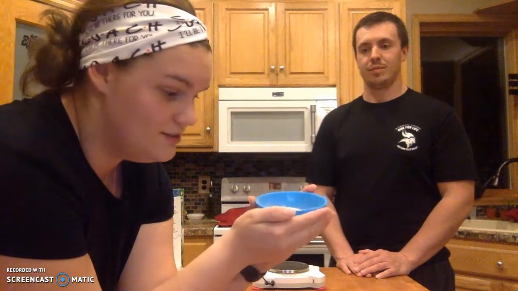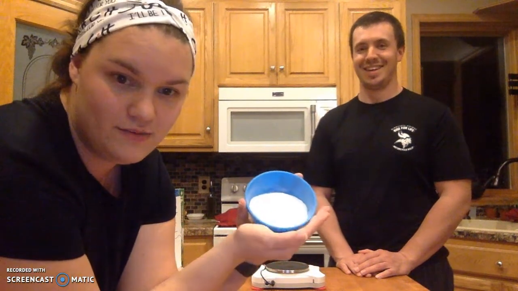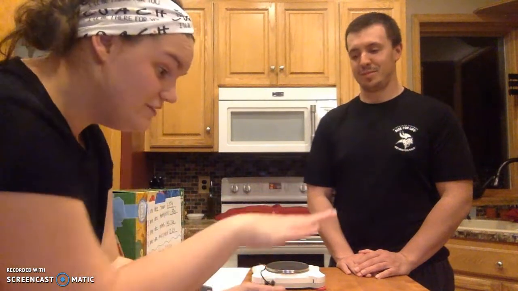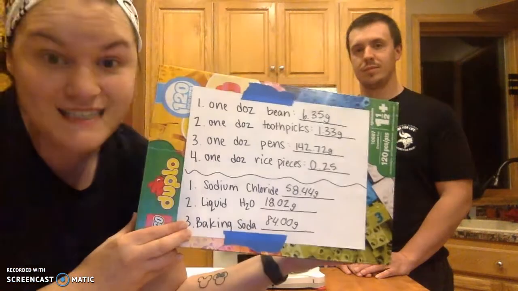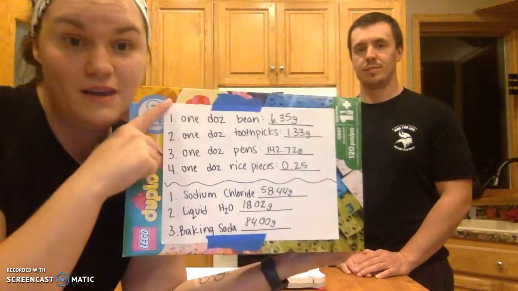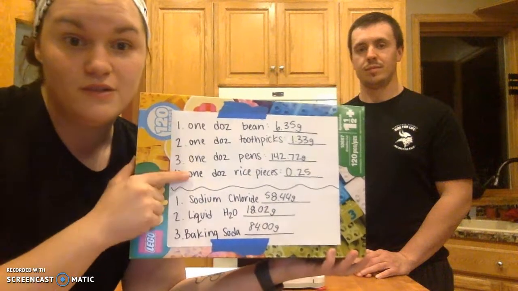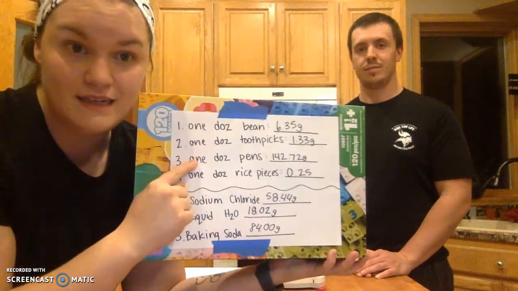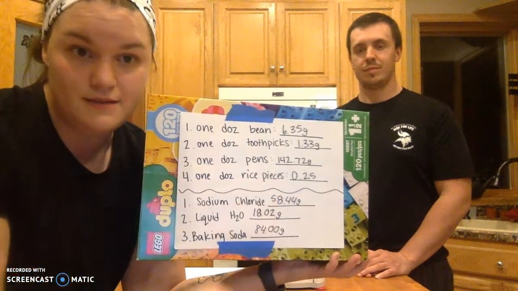Okay, and it's the same count as this largish, and hopefully I don't spill it all over my kitchen, amount of baking soda. Okay, so all of these things have the same number of molecules in them, but they all had very different masses. Just like up here, all of those had the same count, right? They were all a dozen, but they all had different masses.